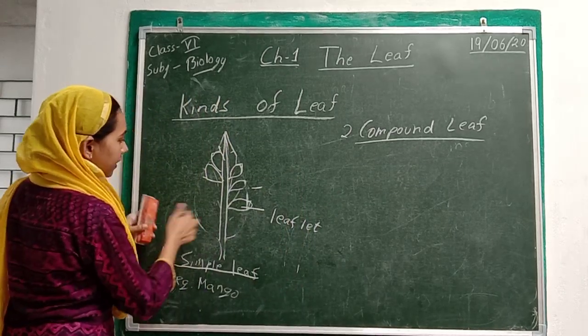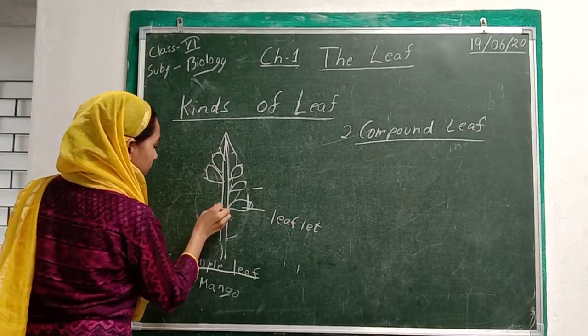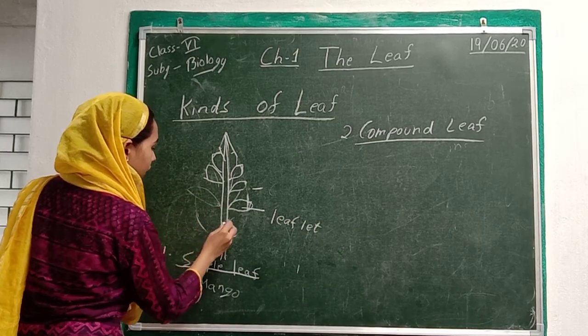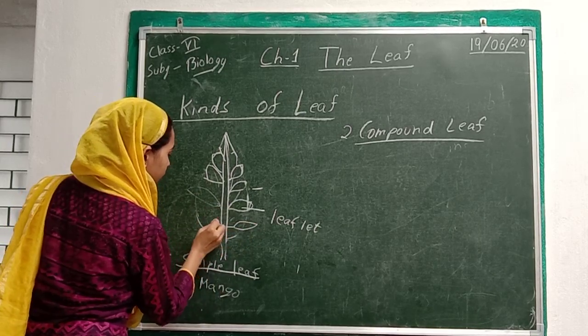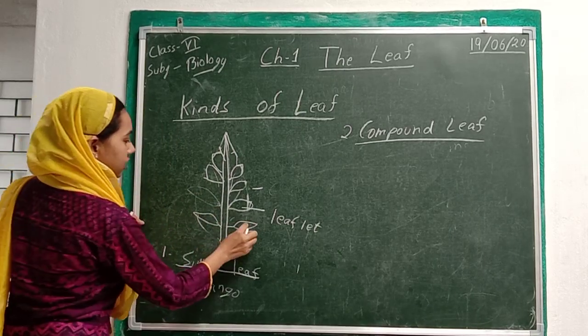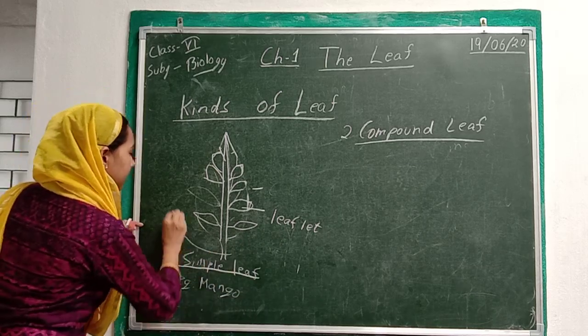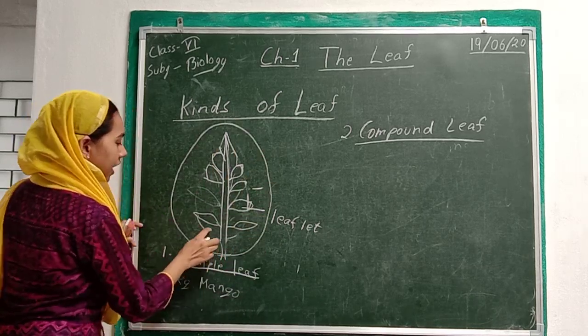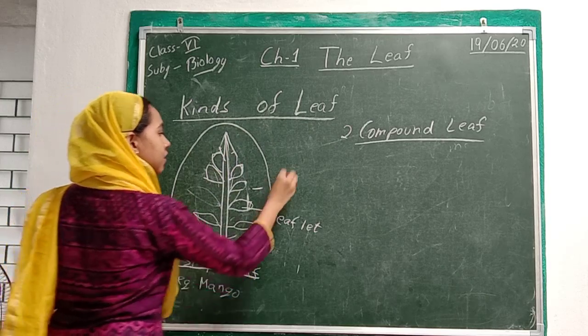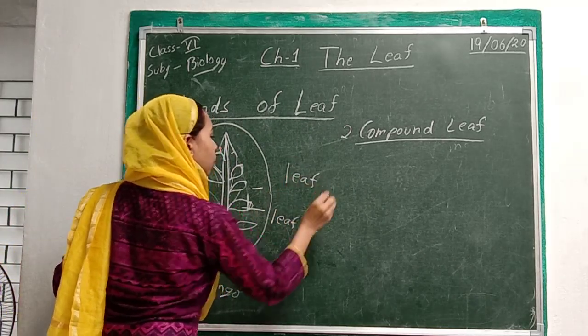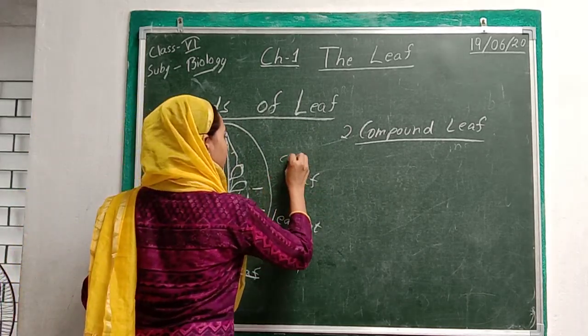And then you can see that there are many leaflets like this. Sometimes we confuse them to be a leaf, but it is not. These are the leaflets, and this entire structure which has many leaflets is a leaf. What kind of leaf? It is a compound leaf.